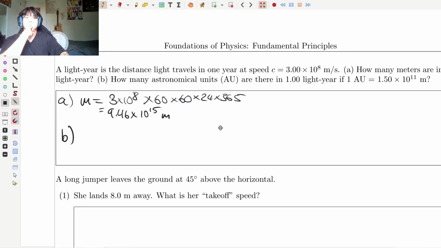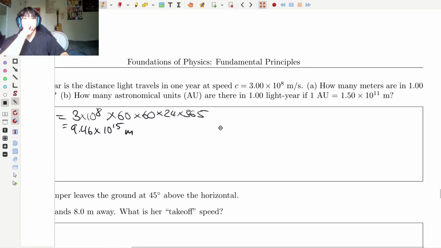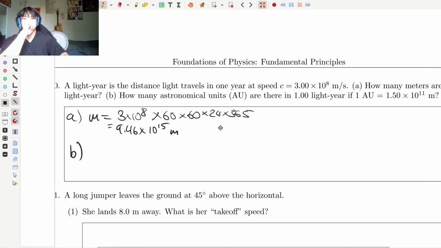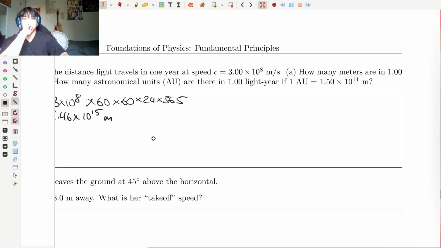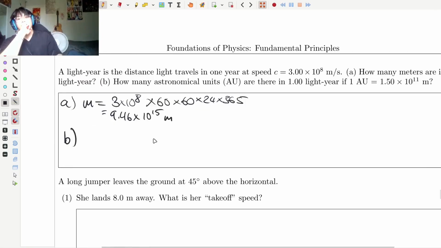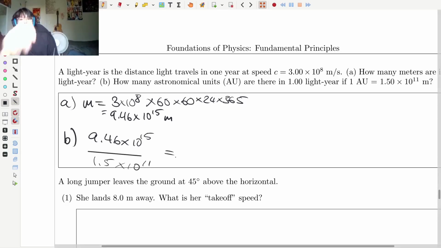Okay. How many astronomical units are there in 1 light year? So 1 light year is that many meters. So we just do simple division: 9.46 times 10 to the 15 over 1.5 times 10 to the 11.